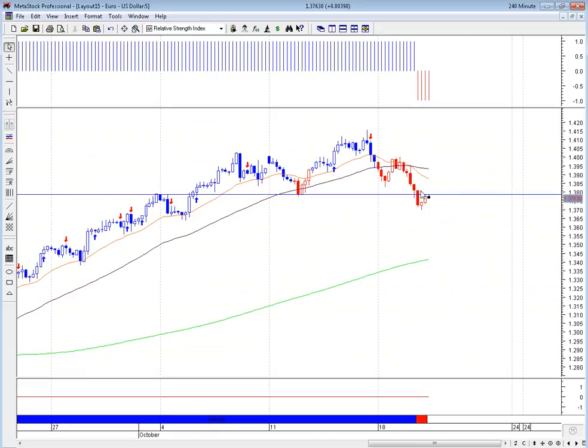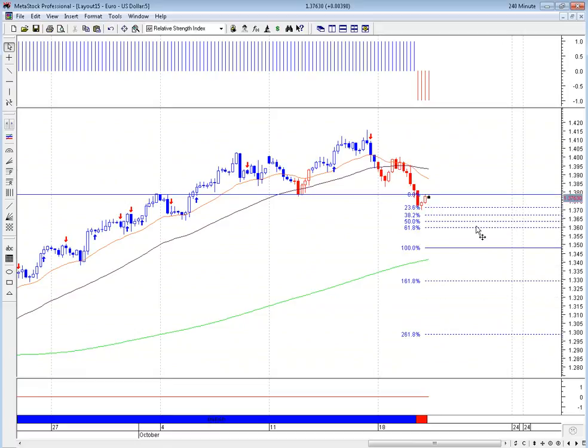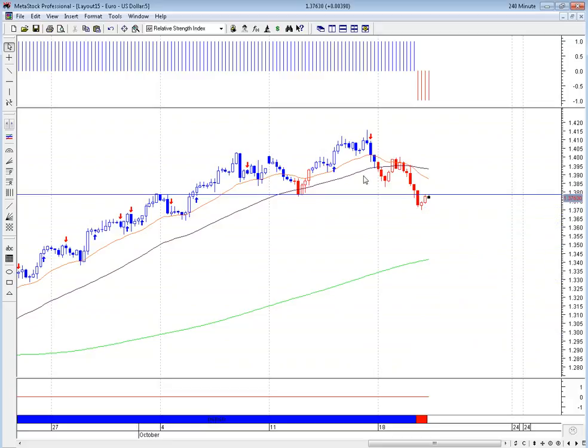If it fails to break above 1380 now, it'll be trading on the underside. We know the possibility is that this being the start of it, we have a juicy little pullback, and now we could look at more areas like 136 and 100 as possible targets to the downside if it fails to break higher. Okay, so just be aware of that.